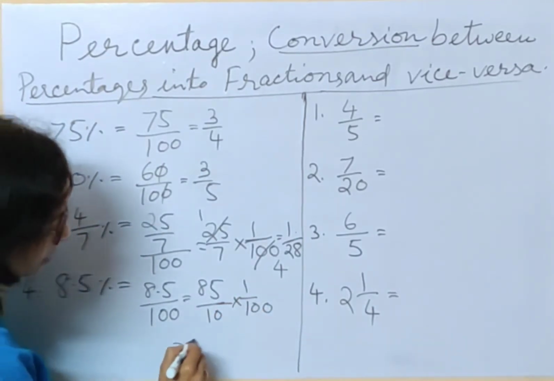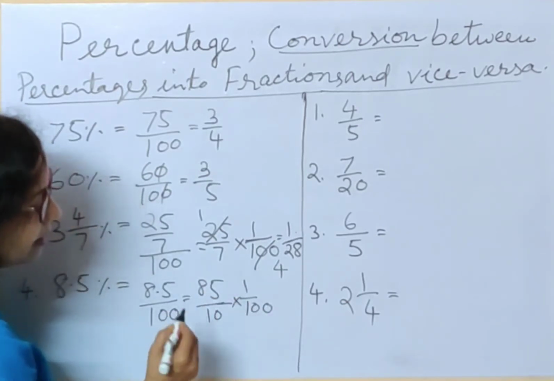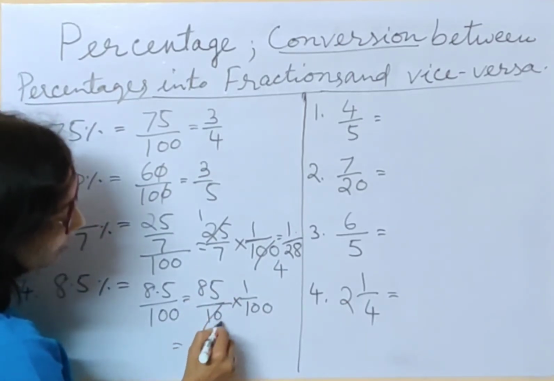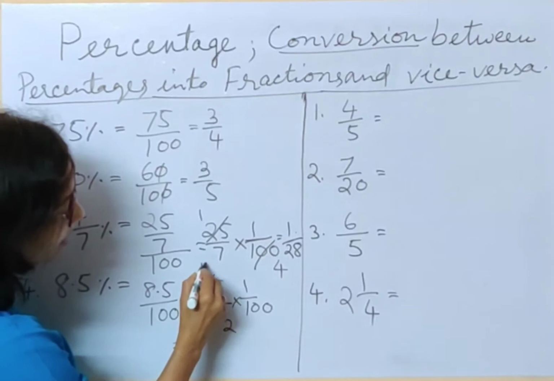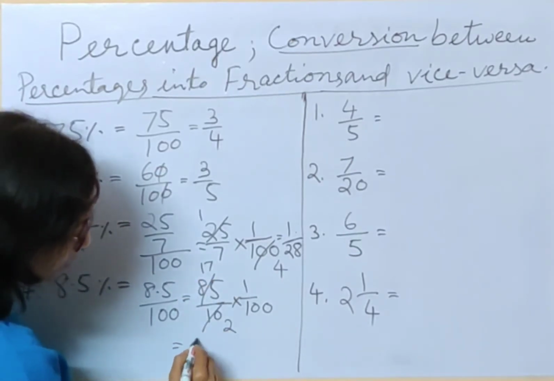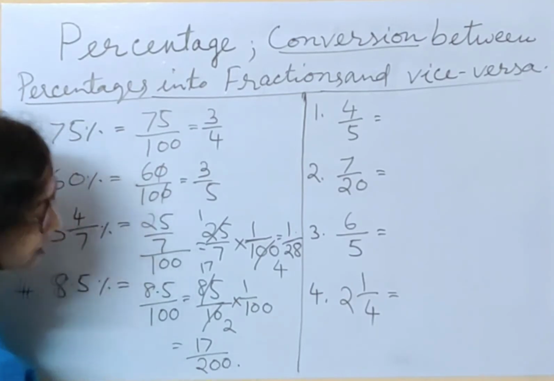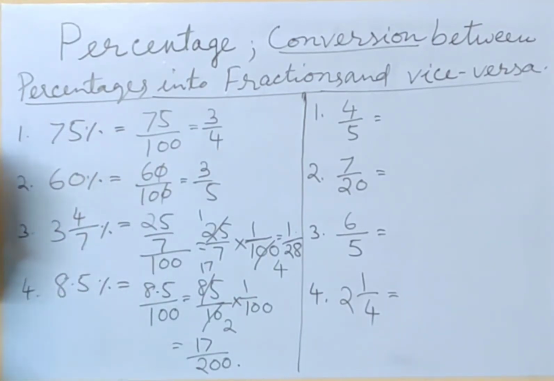And then you can cancel and write. 5 2s are 10 and 5 17s are 85. And now 17 by 2 into 100, 200. So 17 by 200. Once more, please see this 8.5%. First we wrote it as a percent, 8.5 by 100.